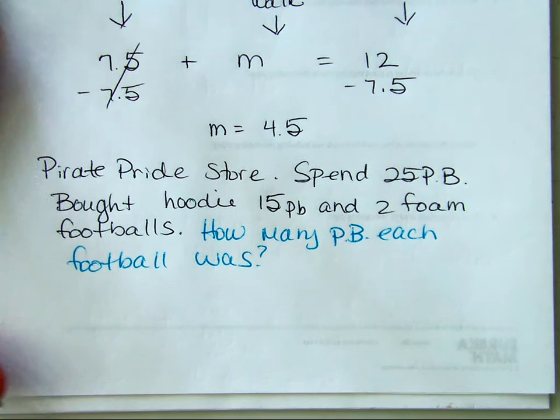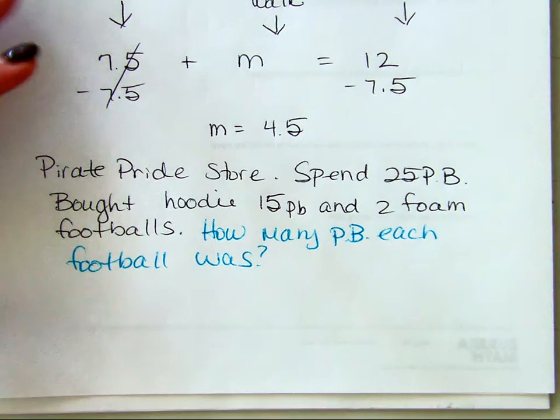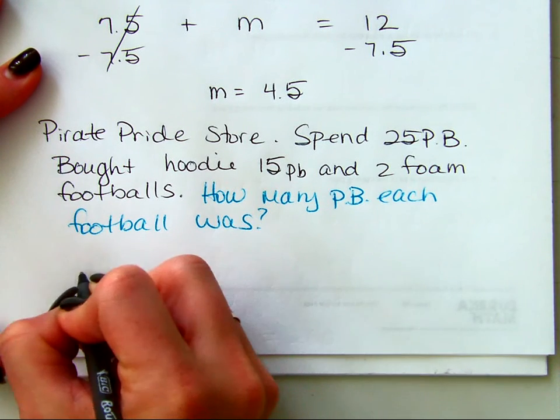Okay. Now, how can you tell if it's a 2-step or a 1-step? What should you do first? I want you to use your common sense first. I want you to say, well, looks like I'm going to have to subtract the 15 from the 25 because I only bought one hoodie. And then I'm going to have to divide that by, so it's like a 2-step one, right? So it's going to be a multiplication and addition. So I'm going to take the 15.